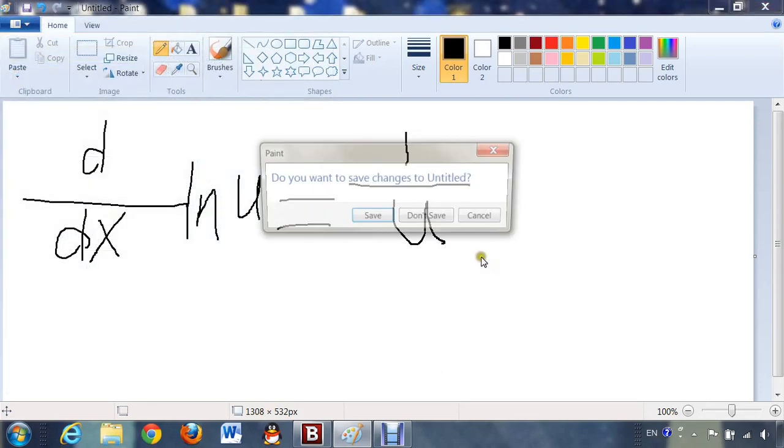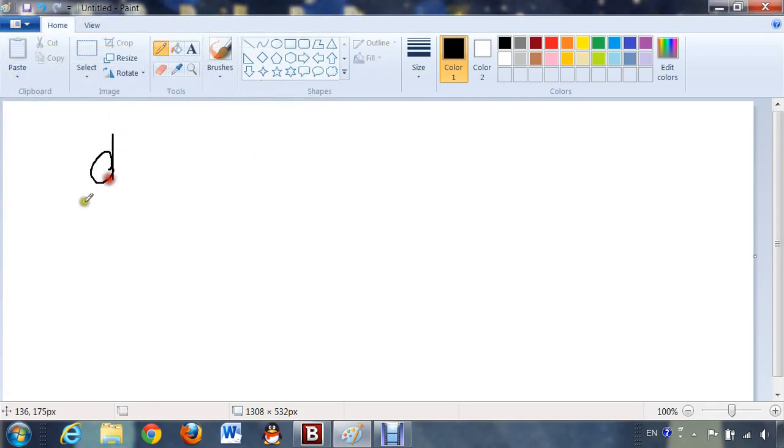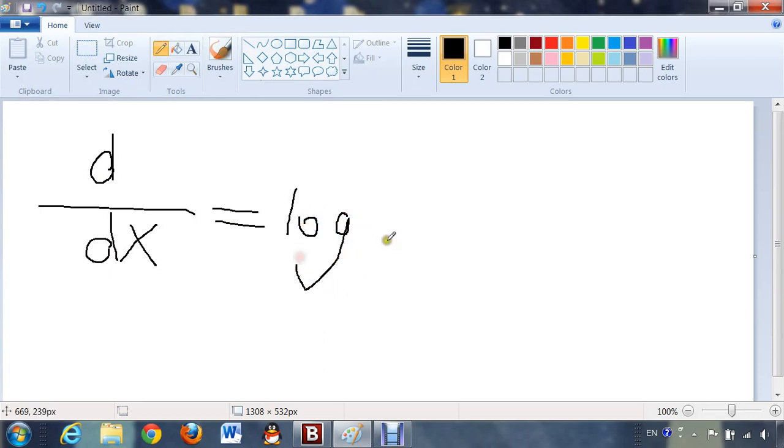And next, the derivative of log base a of something. Remember, this is the argument. Okay, my bad, there should not be an equal sign here, because I'm taking the derivative of log a of something.